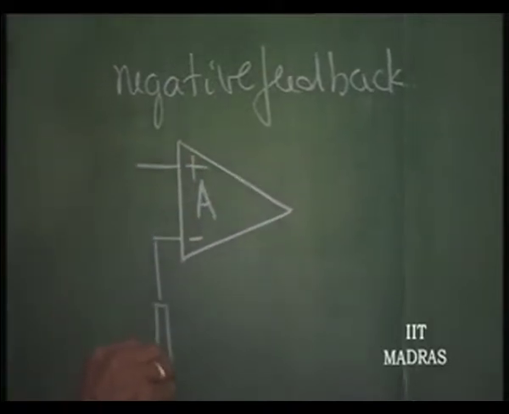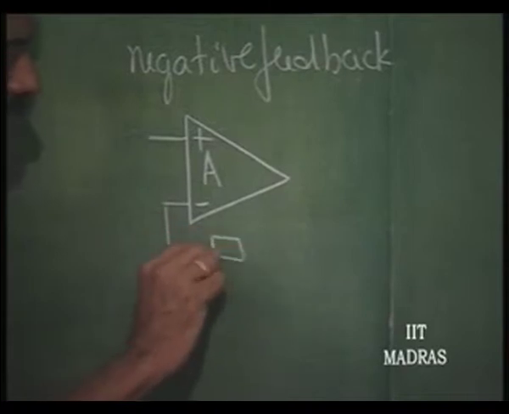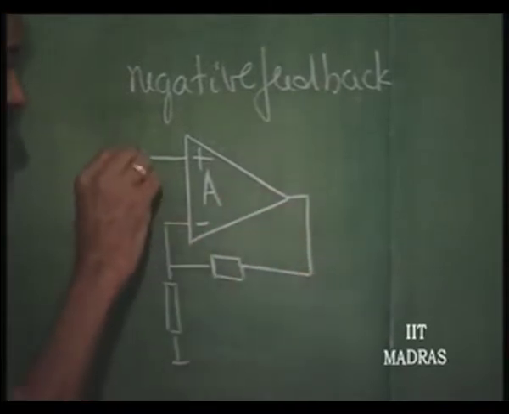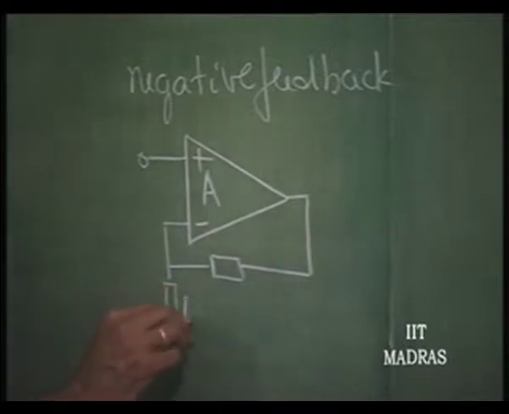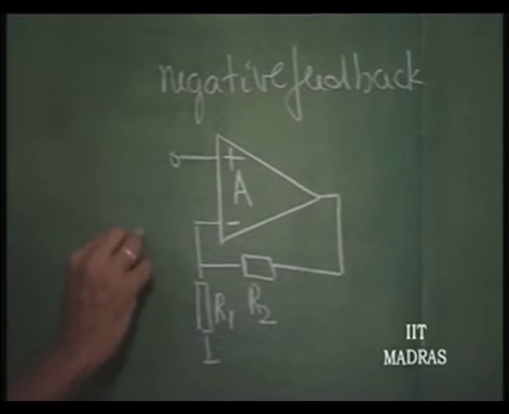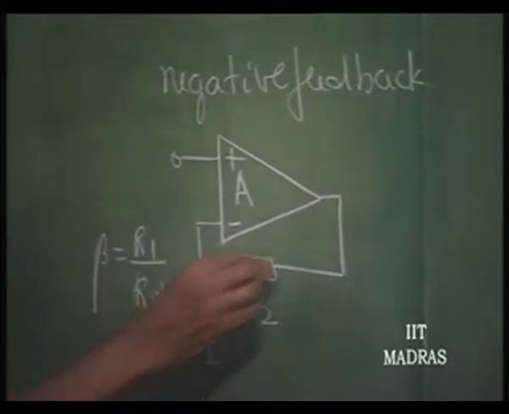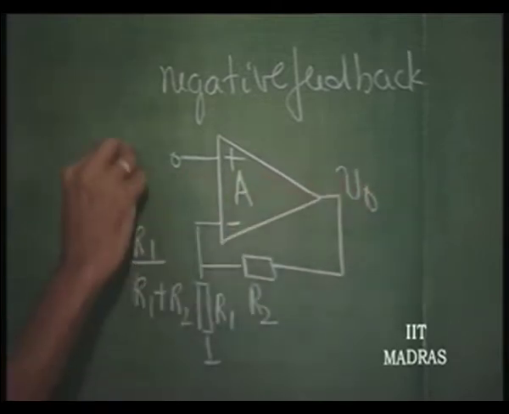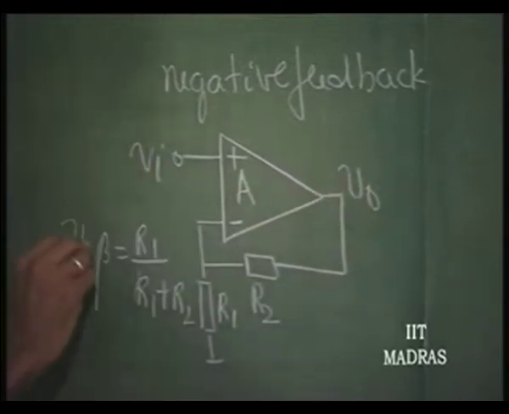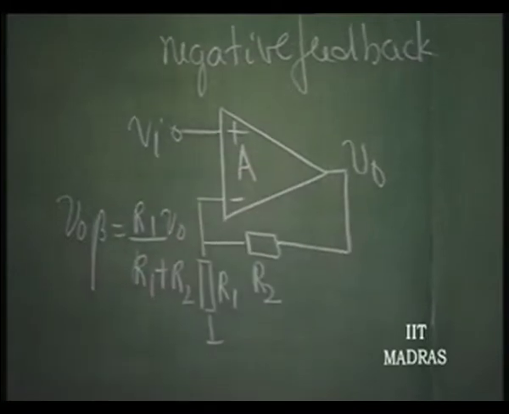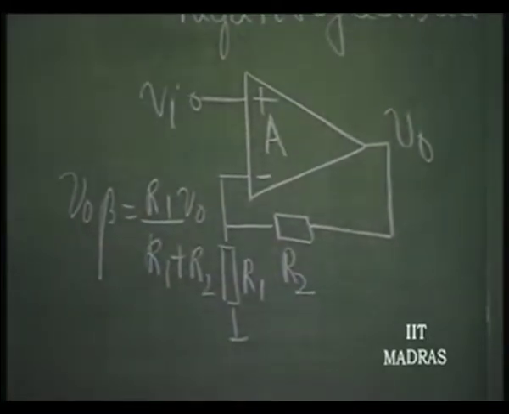One of those configurations which we have been constantly using for demonstration of frequency compensation also was this: R1, R2, where beta is R1 by R1 plus R2, that is the amount of negative feedback from output V naught.